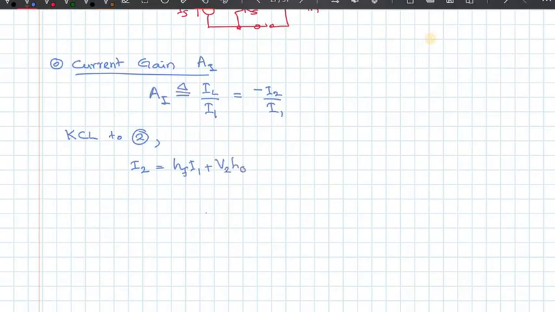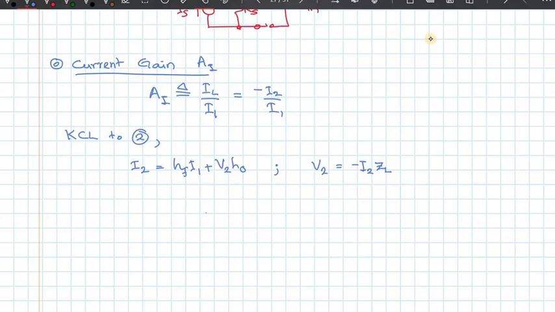But also we know that V2 should also be the voltage across the load. So V2 is minus I2 times the load resistance, or load impedance in general. This can be resistive or non-resistive; it could be an impedance in general.